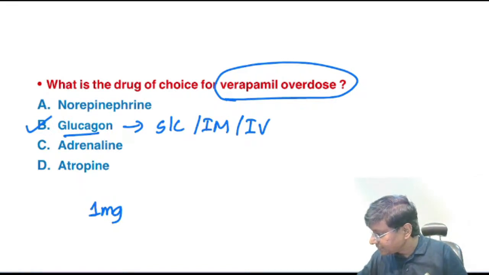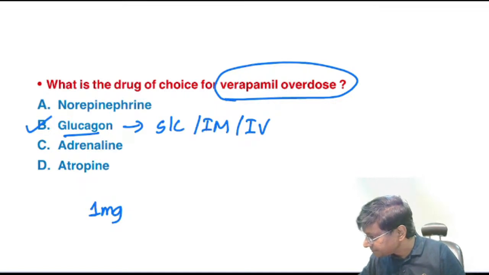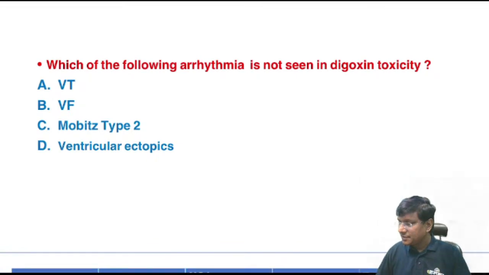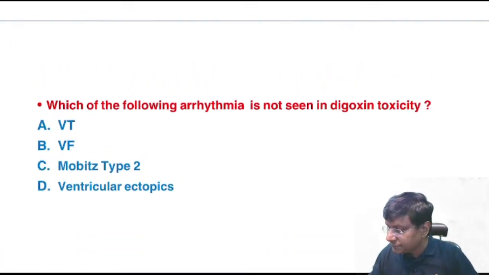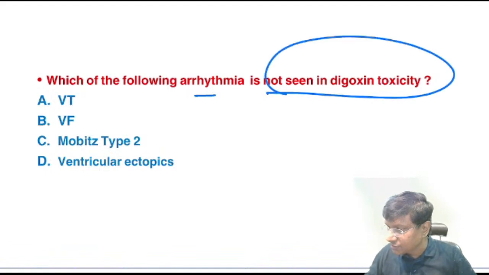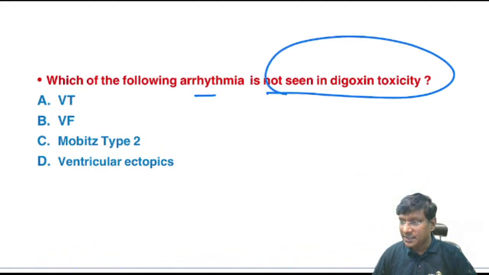Next, now the next important one. Good evening everyone. Now this will be the last drug which I'll be discussing. Which of the following arrhythmias is not seen in digoxin toxicity? Ventricular tachycardia, ventricular fibrillation, Mobitz type 2 AV block, ventricular ectopics.